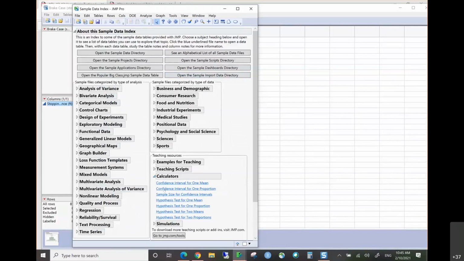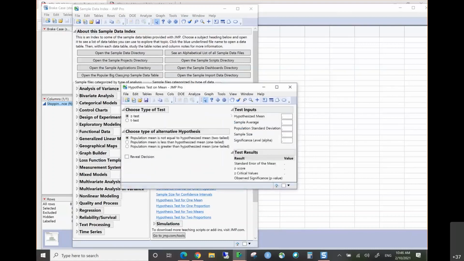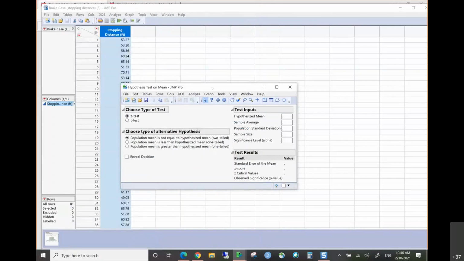Since in our example we are testing about the mean, just choose the option Hypothesis Test for One Mean. Since we do not have the raw data, we have the summary statistics, then click OK.